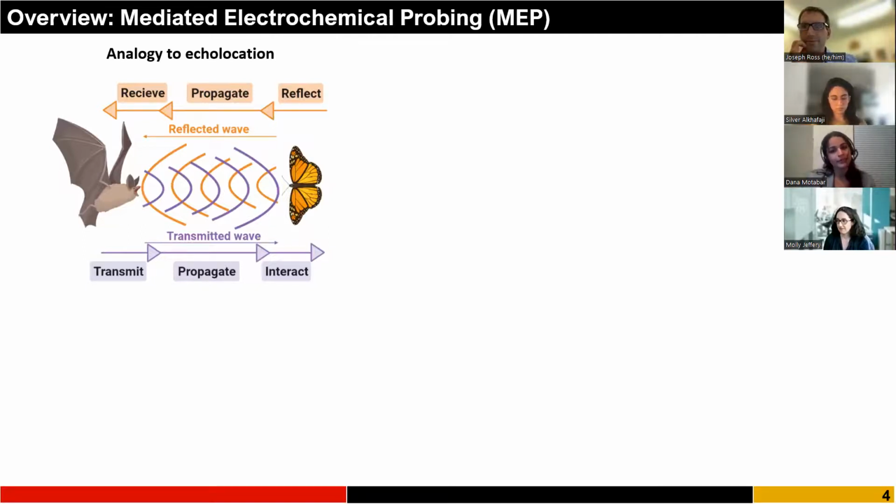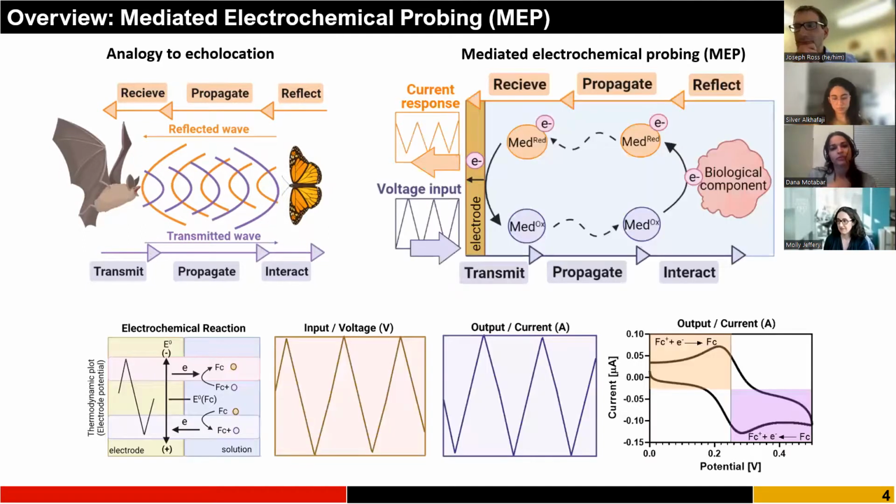And so similarly, we show how our method works with the scheme here on the right. We impose a voltage input that can code what we call redox mediators into their reduced or oxidized states. And these mediators are purposefully added into the solution, and they're going to serve as electron shuttles because electrons can't exist in a solution by themselves.